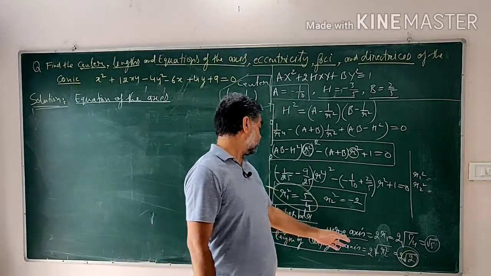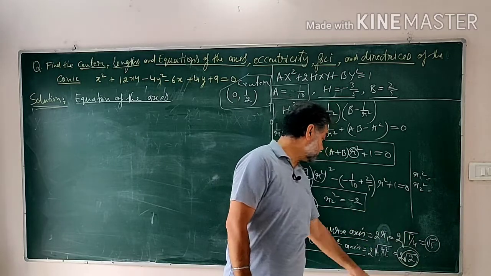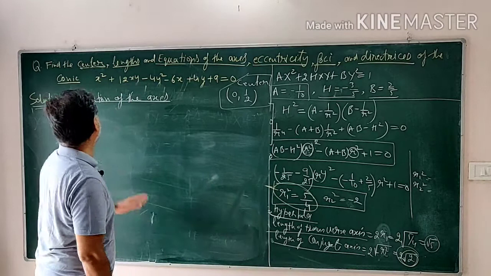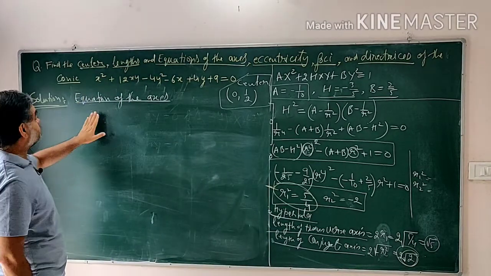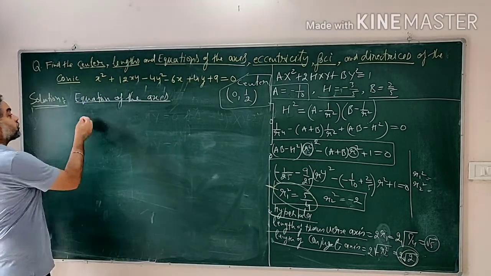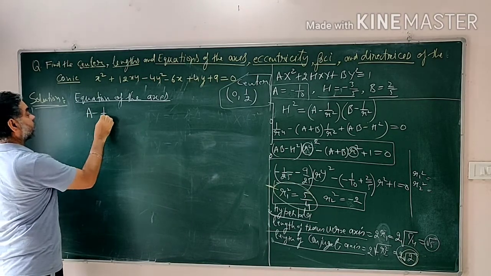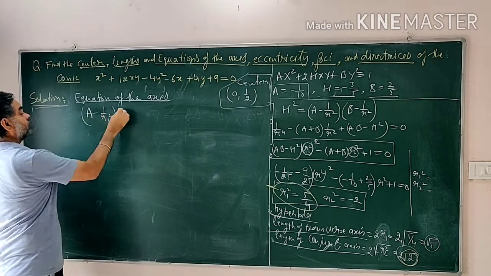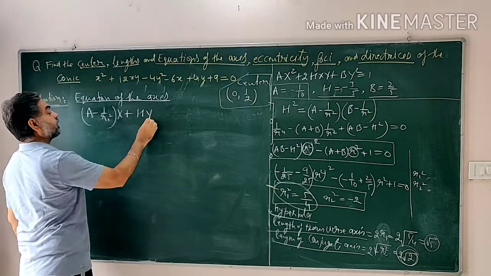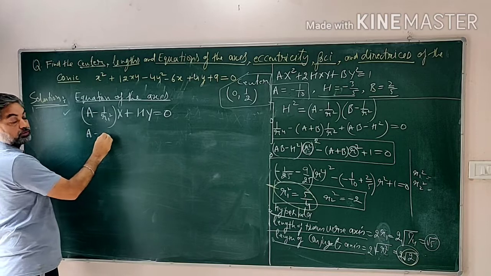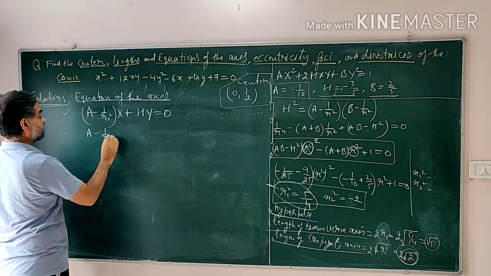The length of the transverse axis is root 5 and the length of the conjugate axis is 2 root 2. The equations of the transverse axis and conjugate axis are given by this formula: (a minus r1 square) x plus hy is equal to 0 is the equation of the transverse axis, and similarly for the conjugate axis.